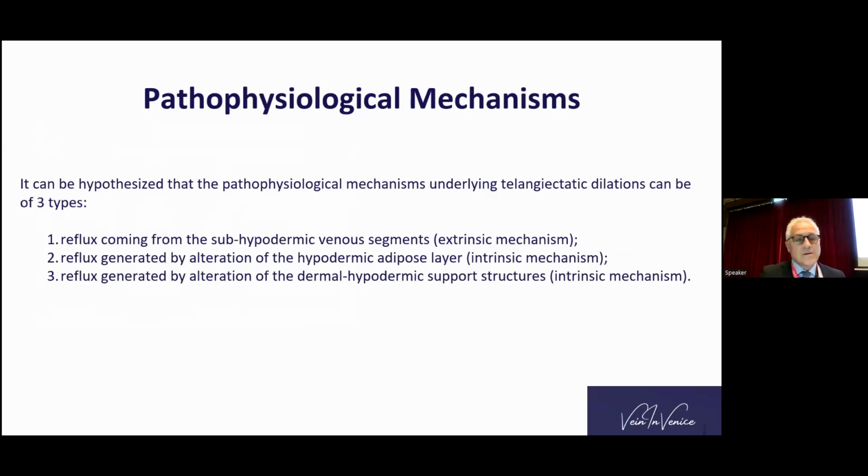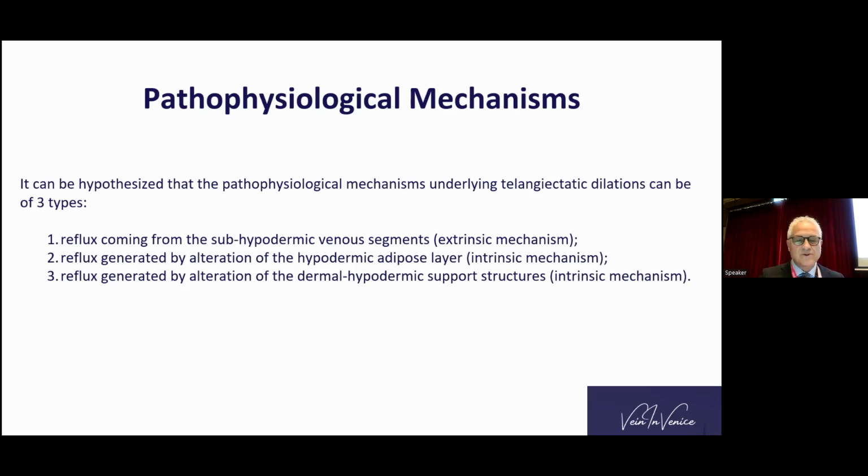It can be hypothesized that the pathophysiological mechanism underlying the telangiectatic dilation can be of three types. Reflux coming from the sub-hypodermic venous segments, and we can call this an extrinsic mechanism. Reflux generated by alteration of the hypodermic adipose layer, and we can call this an intrinsic mechanism.